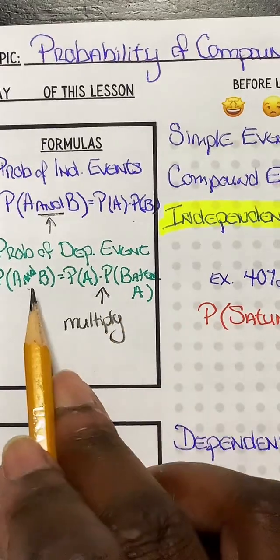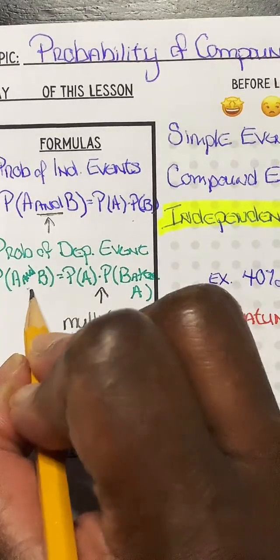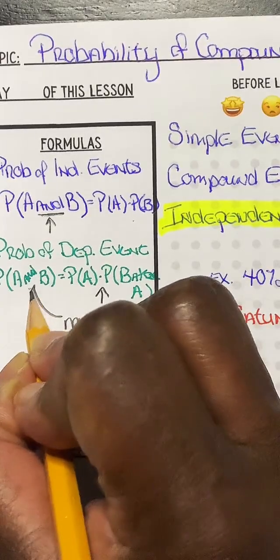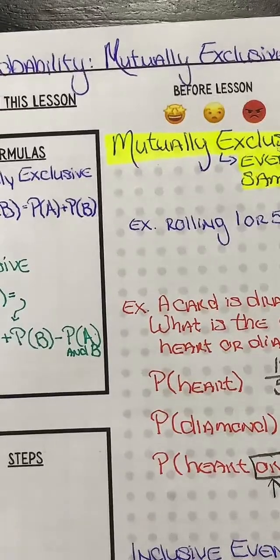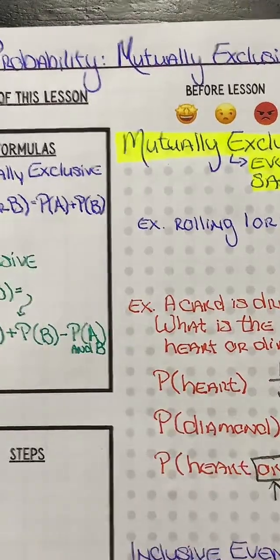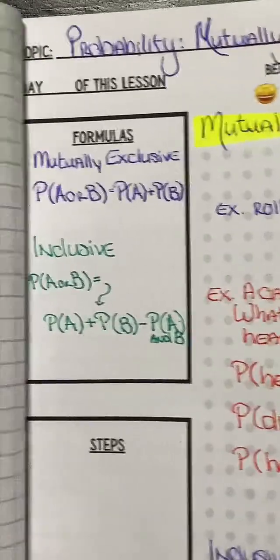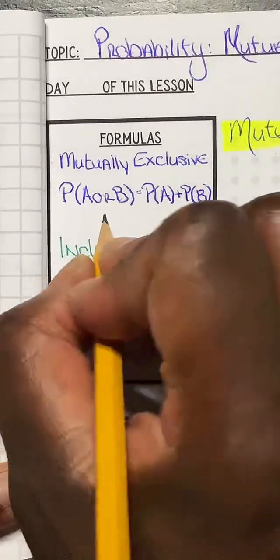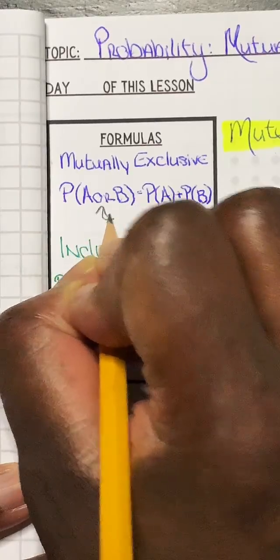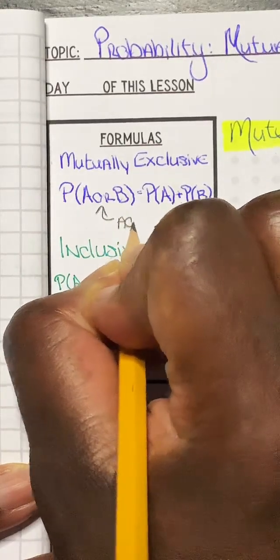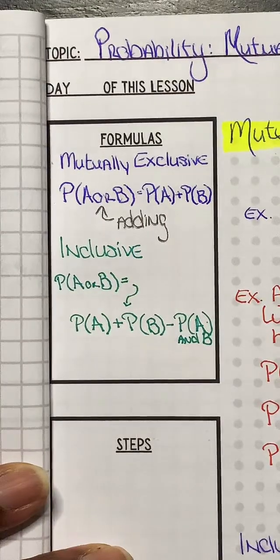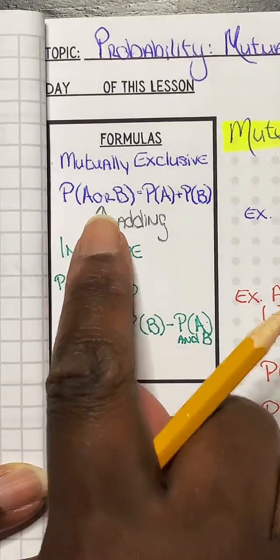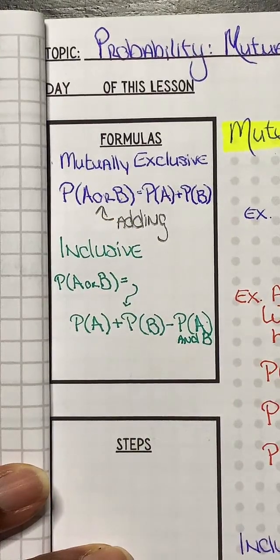But if you see the word or, you're adding. And is going to be multiplying, or is going to be adding, addition.